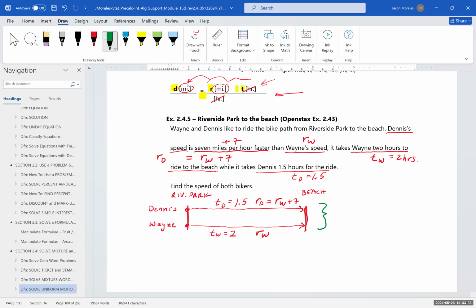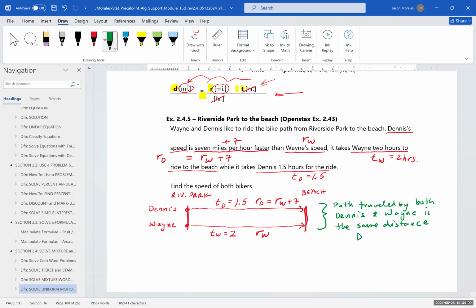So notice that the path traveled by both Dennis and Wayne is the same distance.